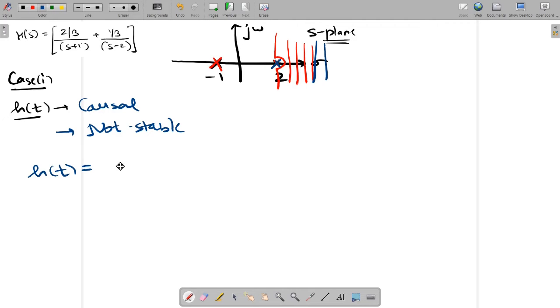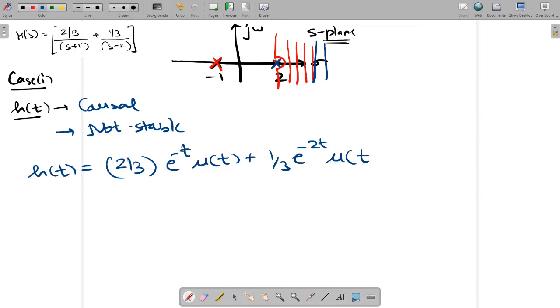H of t is going to be, by inverse Laplace transform, 2 by 3 e raised to minus t u of t plus 1 by 3 e raised to 2t u of t. Why do I have u of t? Because it is causal. So this takes care of my first case.